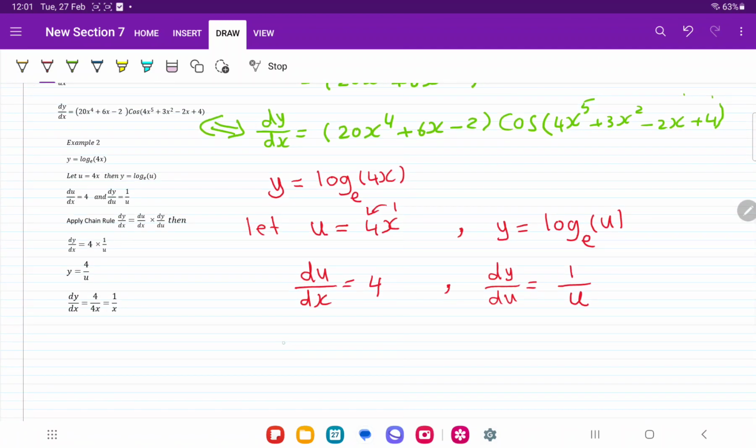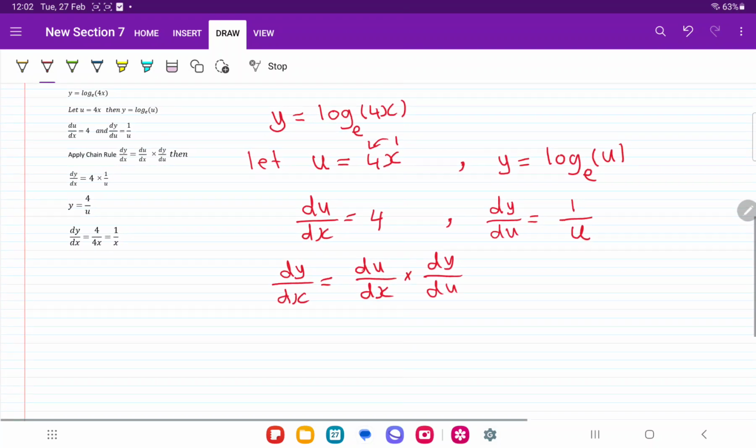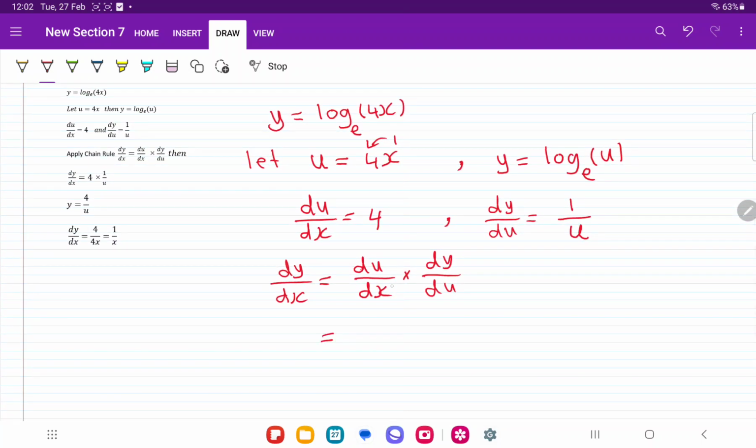We're going to apply the chain rule: du over dx times dy over du. So du over dx is 4, times dy over du, which is 1 over u. So you will end up having 4 over u.